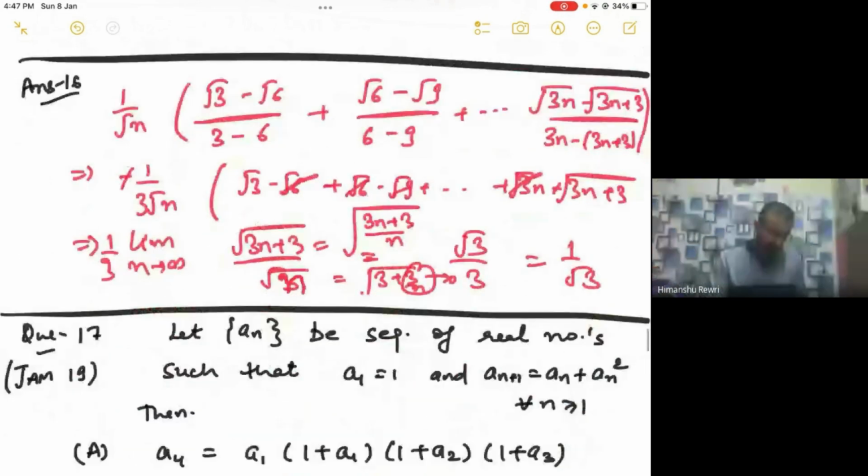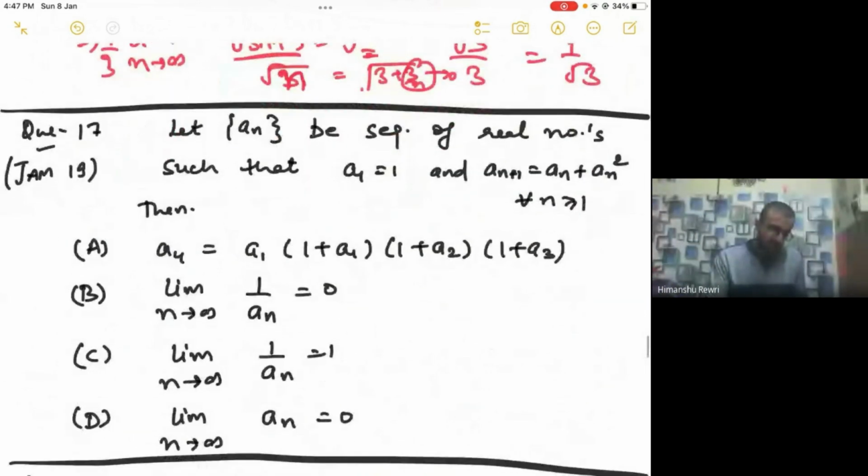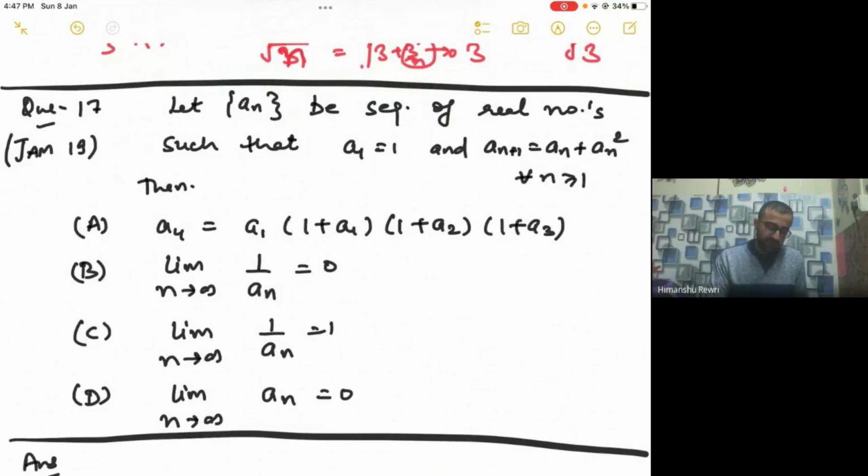Okay, so let's see question number 17 now. Question number 17 says that if an is a sequence of real numbers such that a1 is 1 and an plus 1 is given by this formula, then you have to comment about what A4 is, the limit of this, and this.